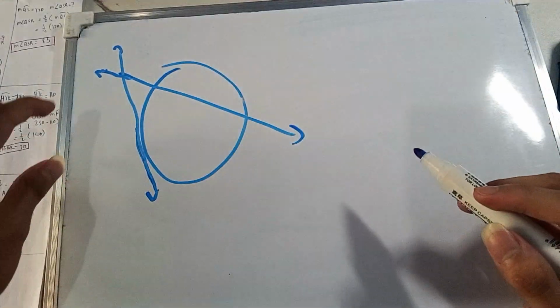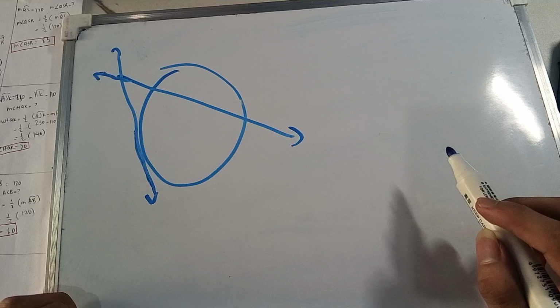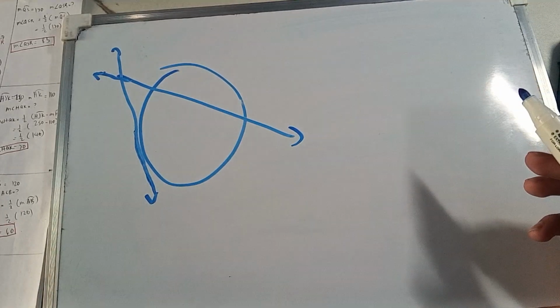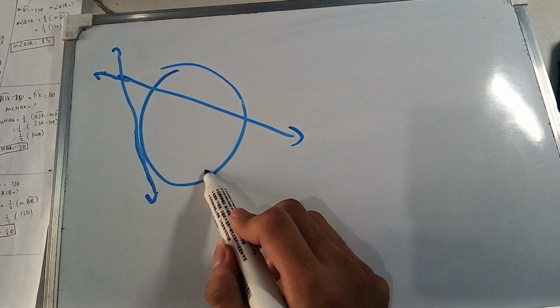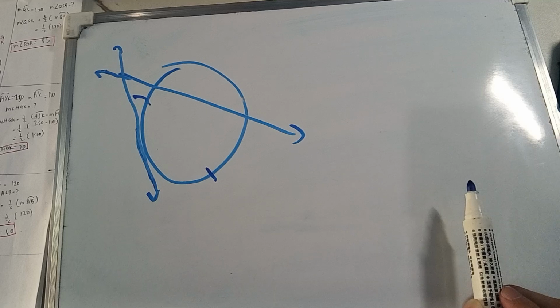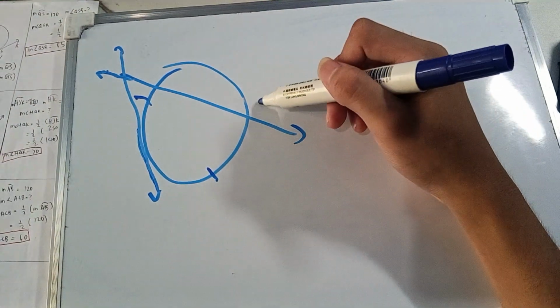So if they intersect outside the circle, or the exterior of the circle, then same concept, we will subtract their intercepted arcs and multiply it by a half. Okay, so let's say this is x.